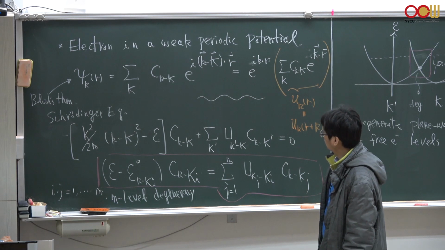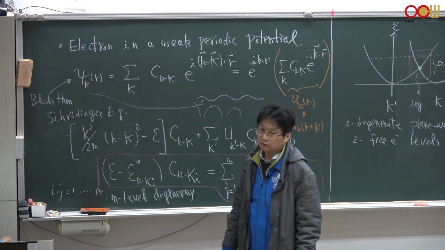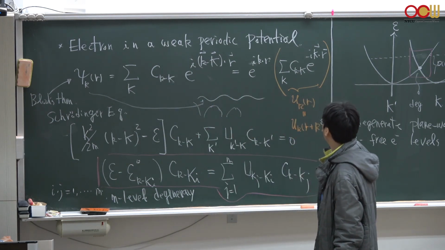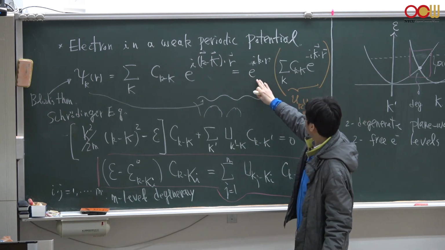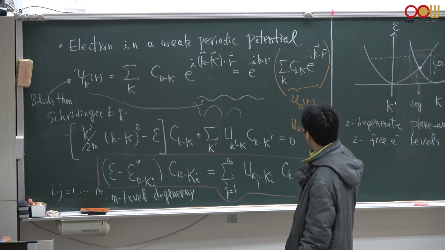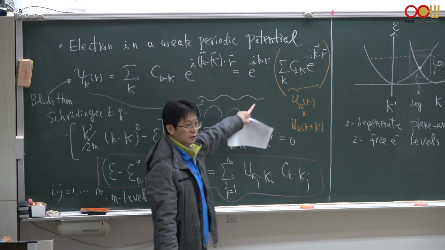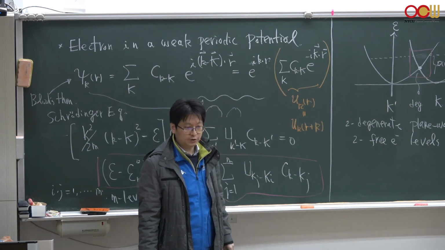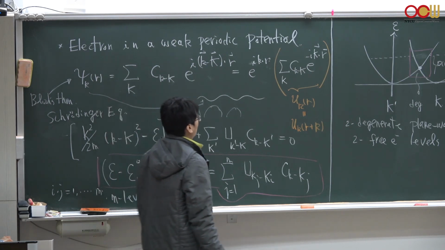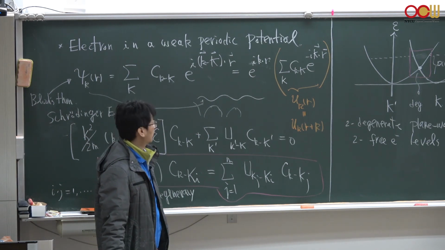introduced last time. But we know that the electrons under such a weak periodic potential actually behave as this Bloch theorem describes: the electron wave functions carry this e to the i little k dot r, with the electron momentum k, times the periodic function u_k of r, which could be rewritten in terms of a summation over the reciprocal lattice vector capital K, and inside the summation we have this coefficient c_(k minus K) times e to the minus i capital K dot r.